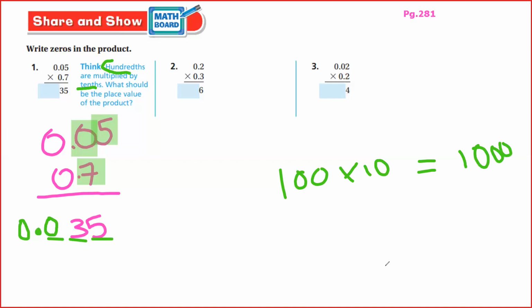And 100 times 10 is 1,000. So it is the same as hundredths times tenths equals thousandths. Hundredths times tenths equals thousandths.